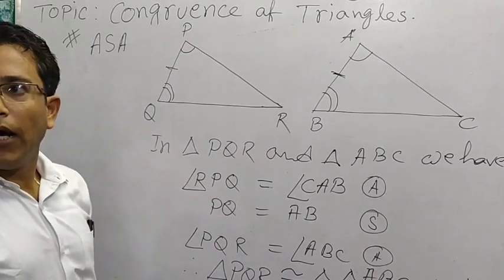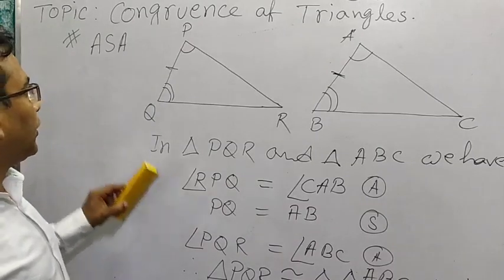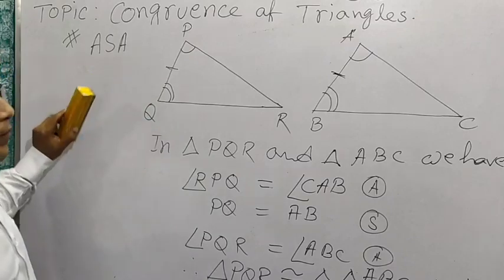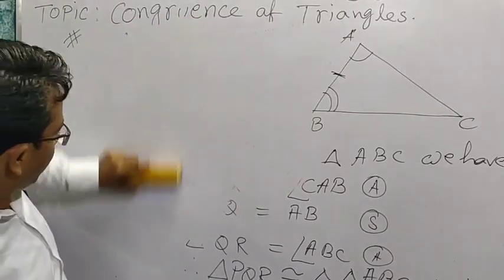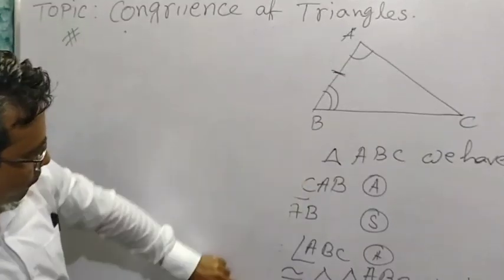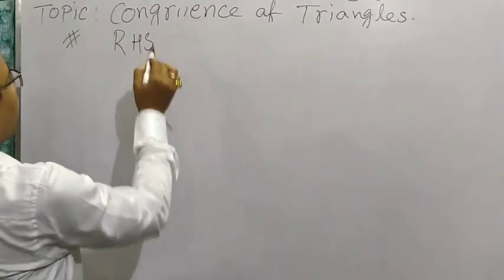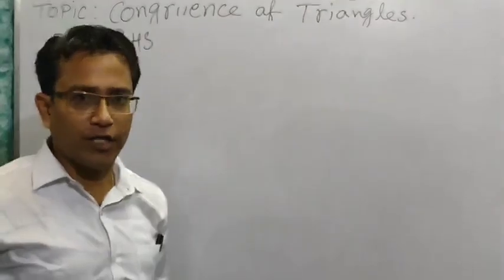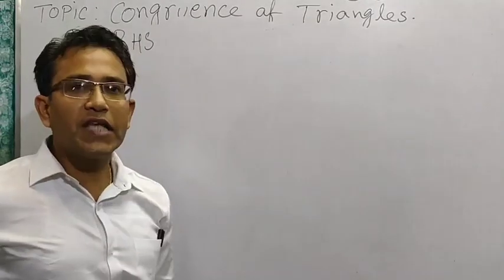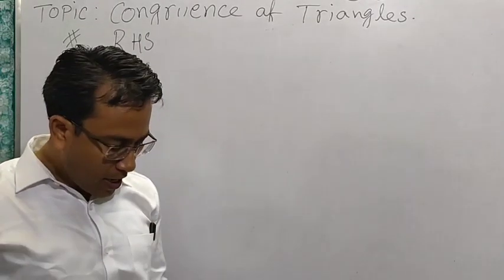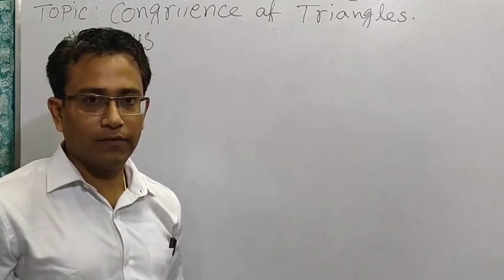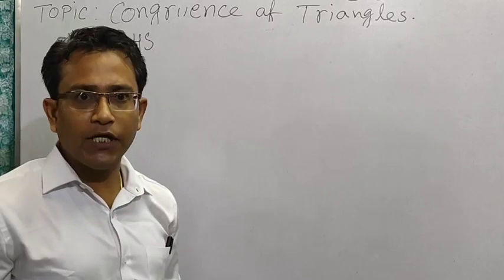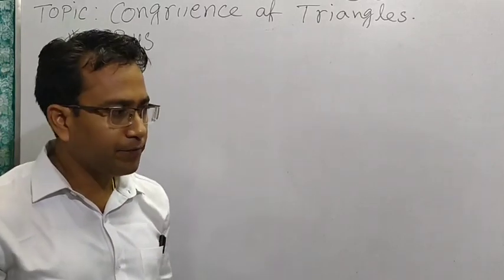Now we are going to know the fourth one, RHS. What is RHS? RHS means right angle, R. H means hypotenuse, S means side.